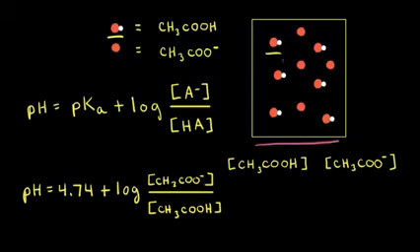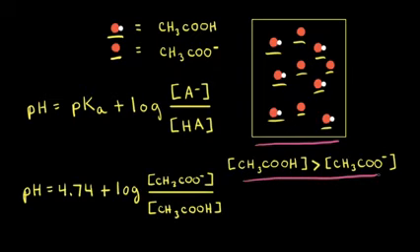For acetic acid, there are 6 particles. And for the acetate anion, there are only 4. Since we have more acetic acid particles than acetate particles, the concentration of acetic acid is greater than the concentration of the acetate anion.